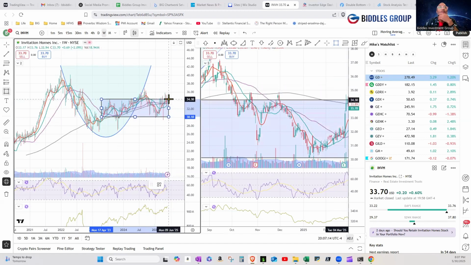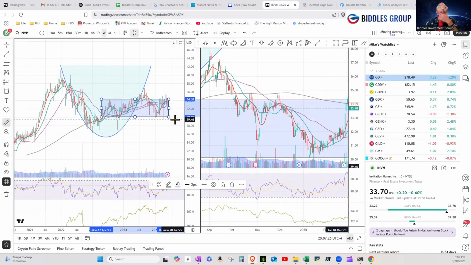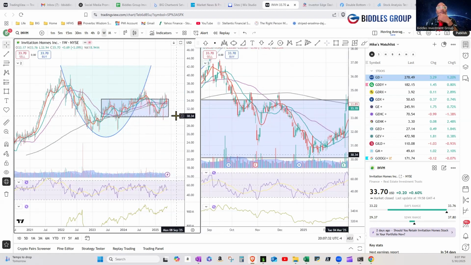We can even bring it up to here. But we definitely keep bouncing between these price points, right? This $34 and this $30 price point. That's about 13%. So that's nice. If we catch this thing back at $30 might be interesting.